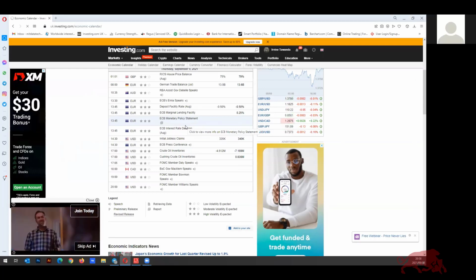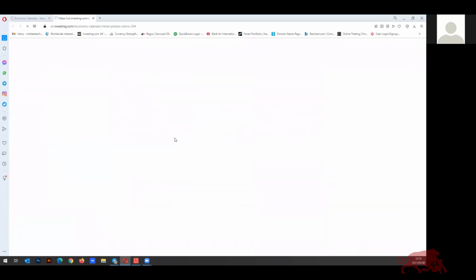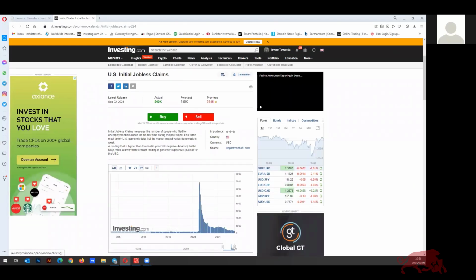If these fundamentals come out positive for the euro, and we are getting fundamentals from the United States that are likely going to be negative for the dollar, like the initial jobless claims, they're anticipating 345, which is lower than the forecast.